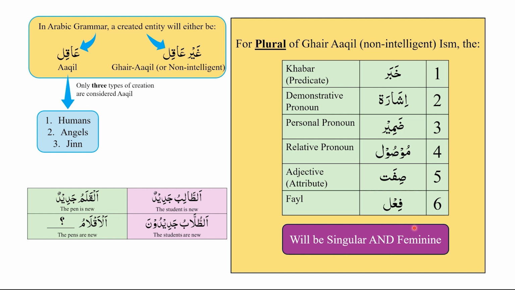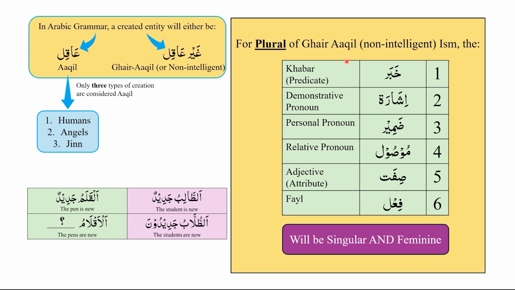Once again, for plural of ghair aqil or non-intelligent ism, the khabar or predicate, the demonstrative pronoun, the personal pronoun, the relative pronoun, the adjective, and the fail will be singular and feminine.